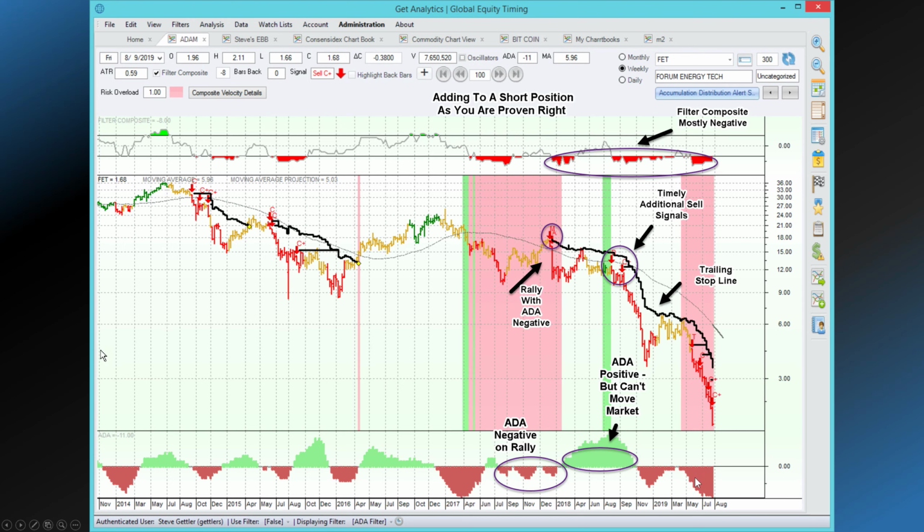We can look at ADA down below here and get a visual representation of what's going on. And the ADA algorithm in the computer also interprets what it's saying, and it lit up saying that indeed distribution was occurring in this particular stock.